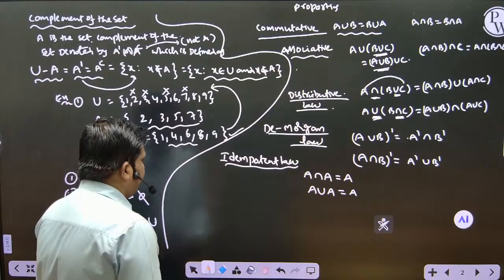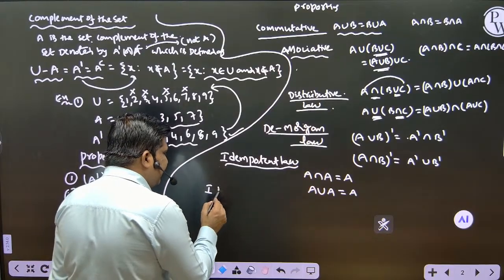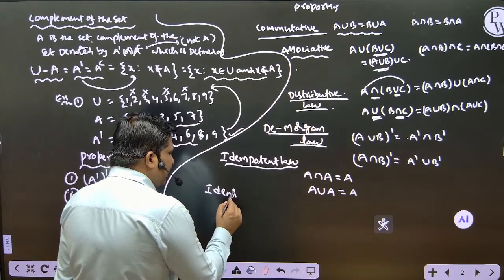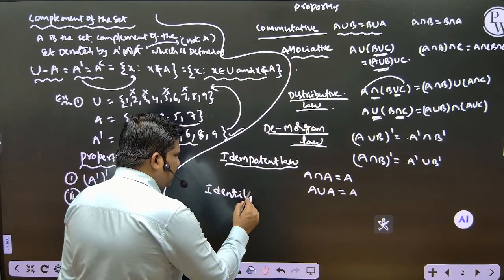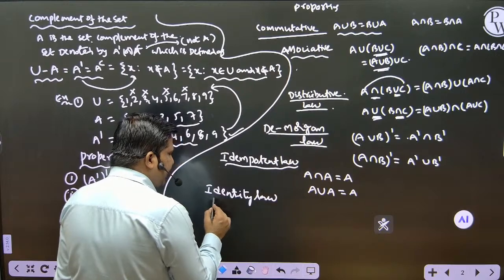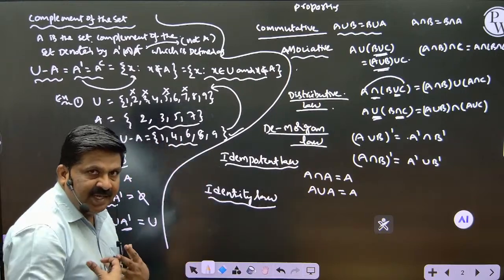Next one is the identity law. What is this identity law? You must get the same set.